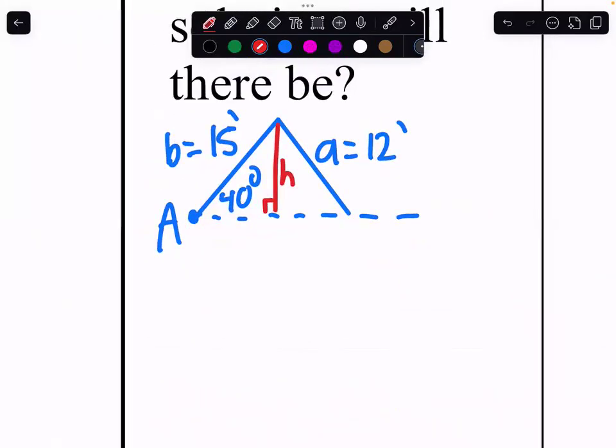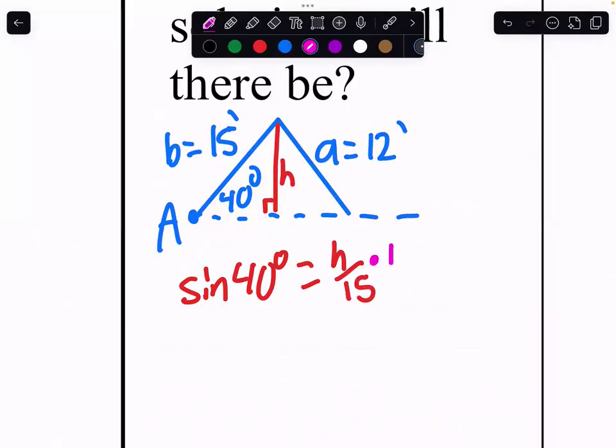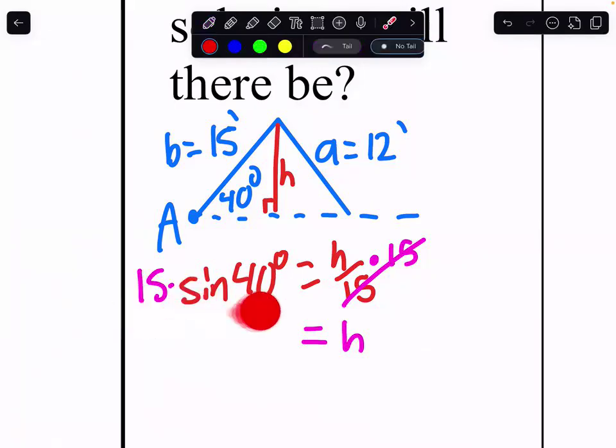We would do sine of 40 degrees equals the opposite, h, over the hypotenuse, 15. Multiply both sides by 15 to get rid of the denominator. Now that we have the variable h by itself, let's use our calculators to get a decimal approximation for 15 sine 40 degrees.